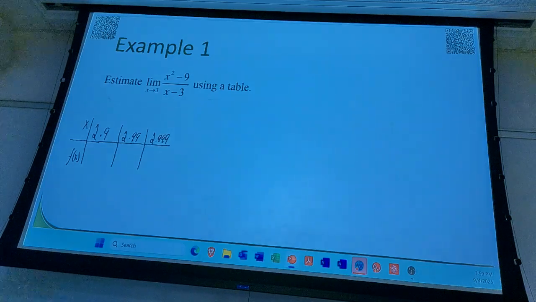And I know for this problem that's going to be good enough. And typically what I'll do is I'll just put a 3 there, even though I don't care about it, just to separate them.